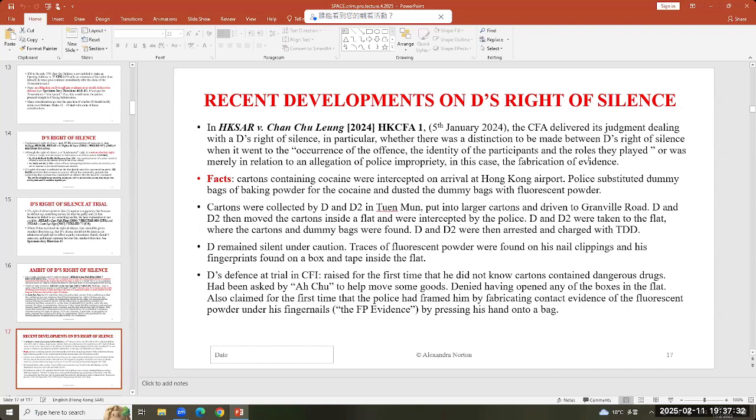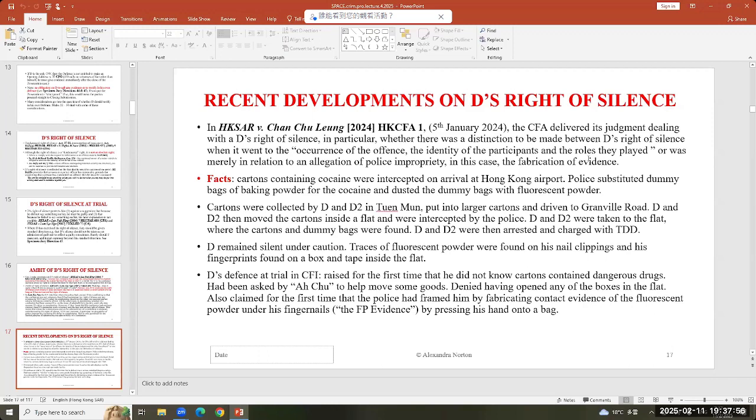So that was one of the critical pieces of evidence that they were relying on to show that he had been dealing with these packages of drugs, that he wasn't just completely clueless as to what was in the boxes, right? Because they had dusted the fluorescent powder over the actual packets of drugs inside the boxes. So that was a really crucial part of evidence from the prosecution.